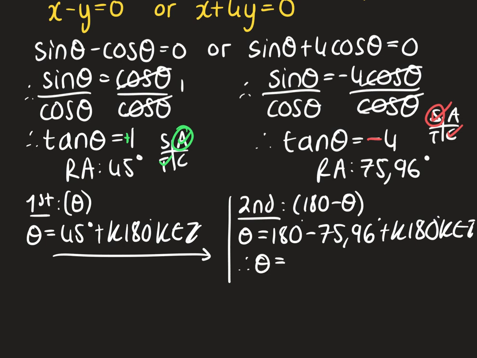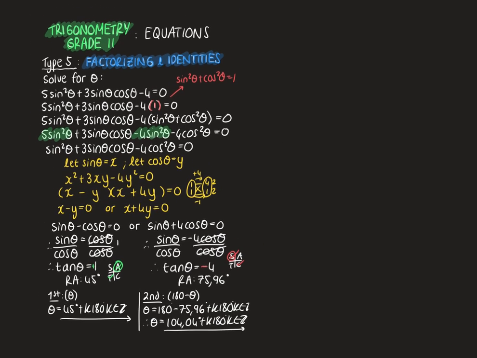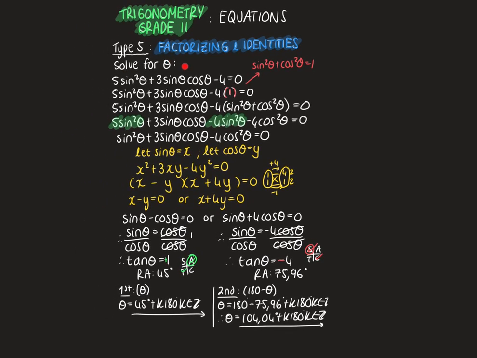Therefore, theta is going to equal 180 minus answer, so it's 104,04 degrees plus k 180, and k is an element of integers. This question was nice and short because they didn't ask us to solve for specific values. Do you notice in the question they didn't give us a domain? They just asked solve for theta, which means we only have to stop at our general solution step.